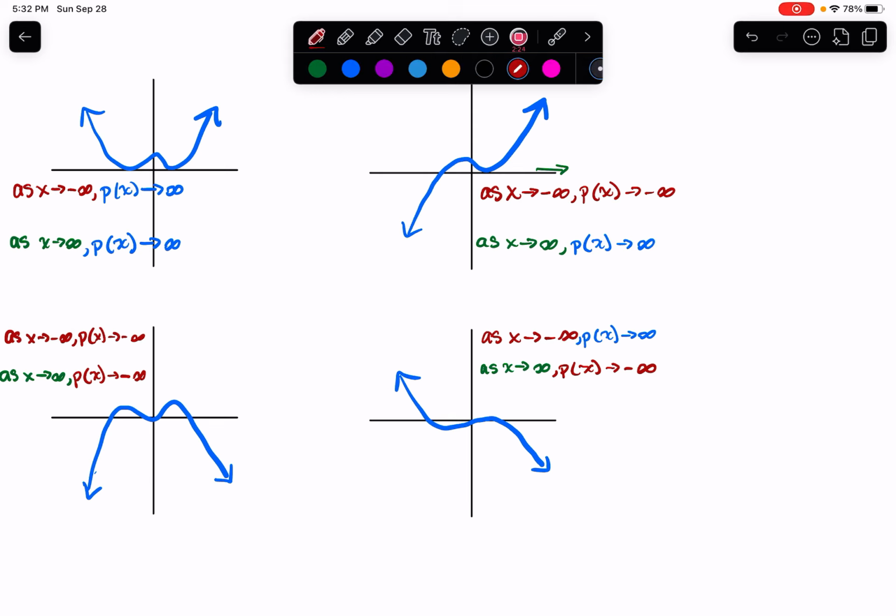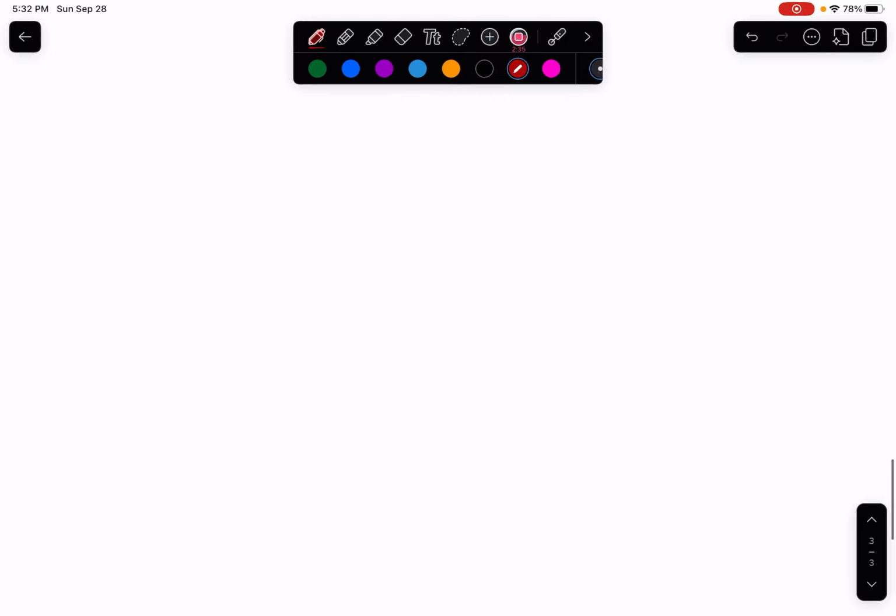That being said, beyond just describing the end behavior, we can predict the end behavior just by looking at two important parts of the equation. So, if our polynomial is written in standard form, then we know that this is our leading coefficient, whatever is in front of the variable with the highest degree, and our degree is the greatest exponent.